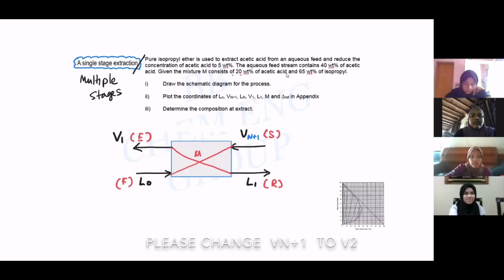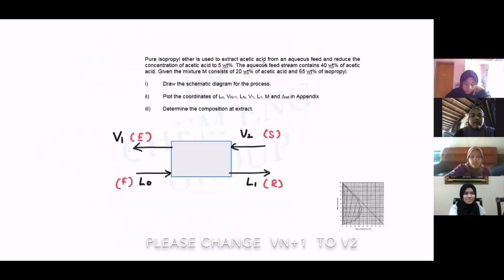Alright, so what do we have here? This question is not necessarily for us to solve everything, but it is to teach you how to solve some of the questions here. You're given isopropyl ether used to extract acetic acid.